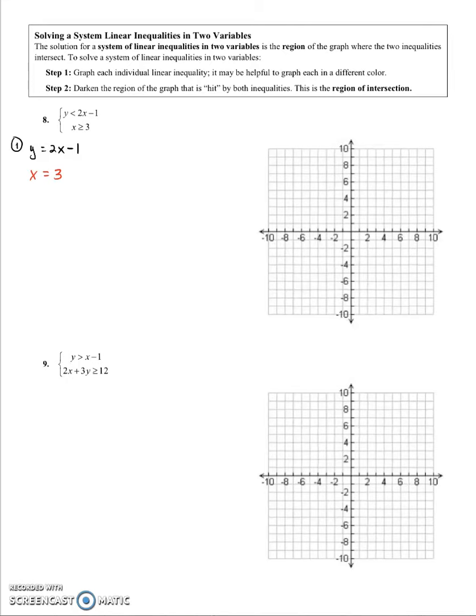So for y equals 2x minus 1, we start at negative 1 and our slope is 2. So we go up 2 and over 1. Now that was a strictly less than, so this one needs to be a dashed line.